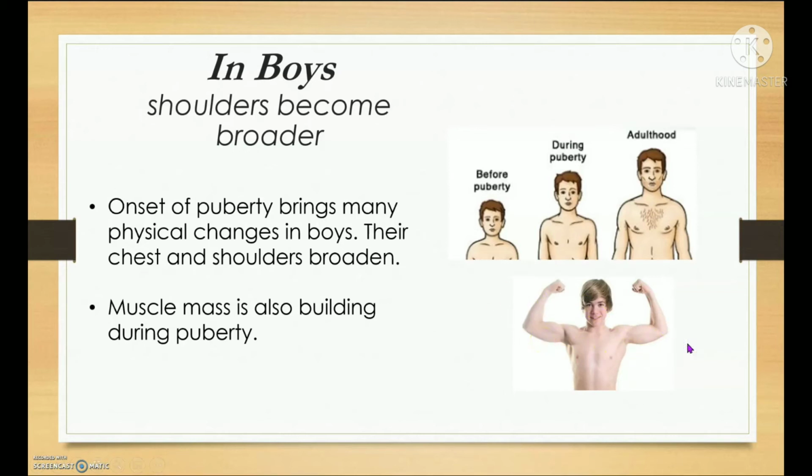So the question is, what happens to chest and shoulders during puberty? Very good. So the chest and shoulders of boys become broader. Okay, now let's move on to our next slide.